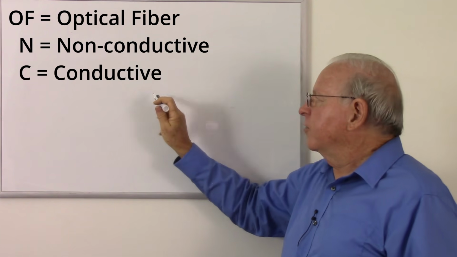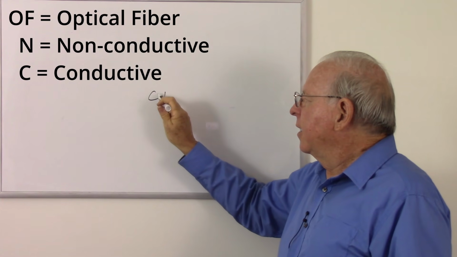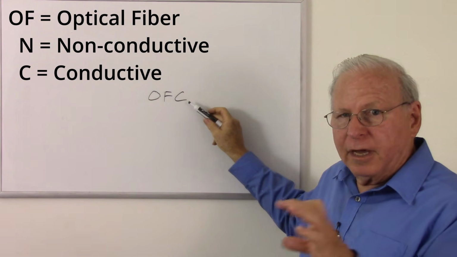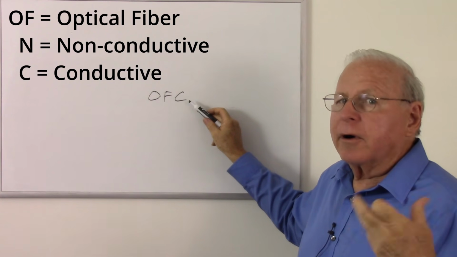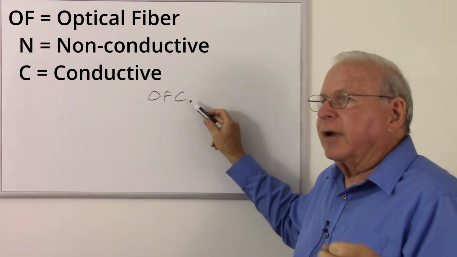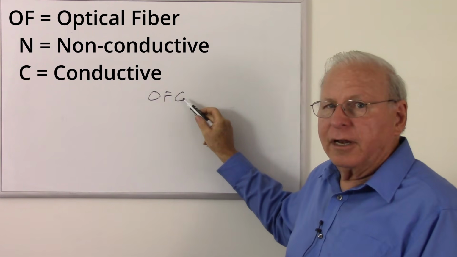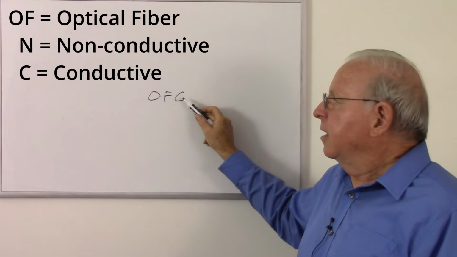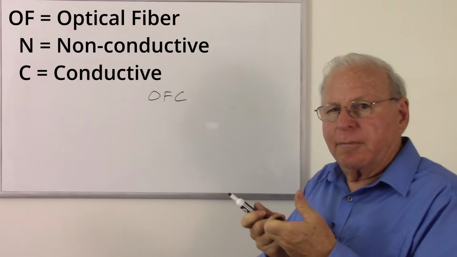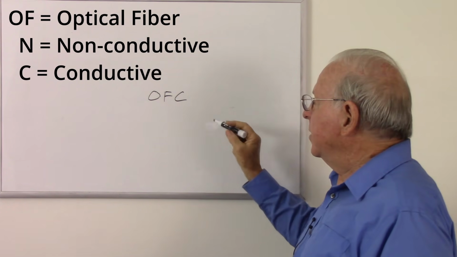But C, so OFC, means there's something conductive in there. It might be a jacket, might be copper cables to carry data, might be coaxial cables, might be power cables, but there's something conductive in there. And if appropriate, that conductive cable needs to be grounded. So if it's conductive because it has a metal shield, that metal shield must be grounded.